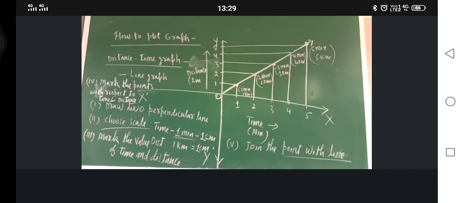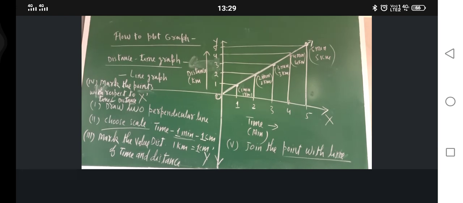So while choosing the scale, you should remember certain things. What are those things? The difference between the highest and the lowest value of each quantity, the intermediate value of each quantity, so that with the scale chosen, it is convenient to mark the values on the graph, to utilize the maximum part of the paper on which the graph is to be drawn.